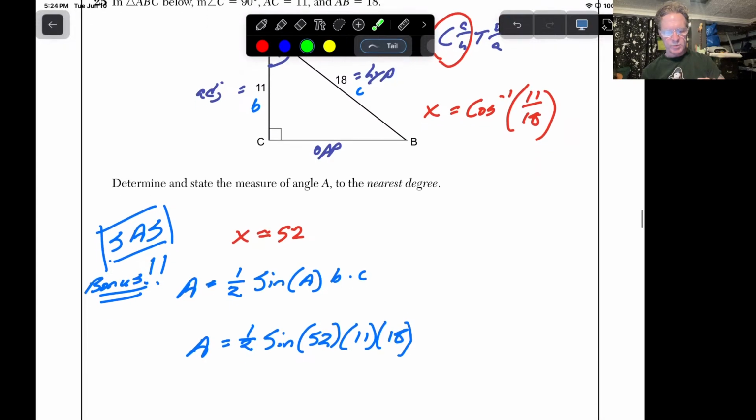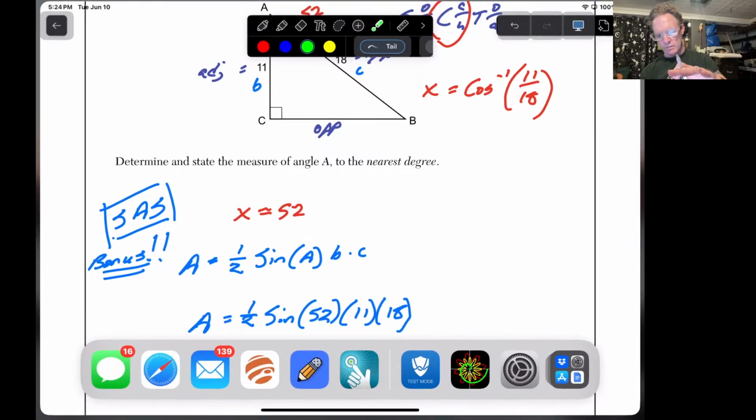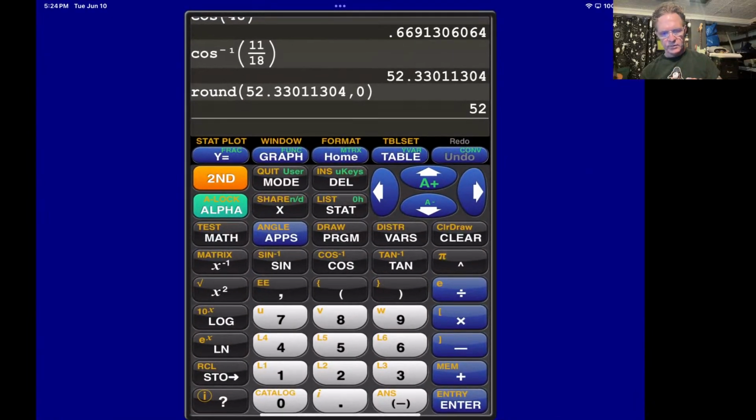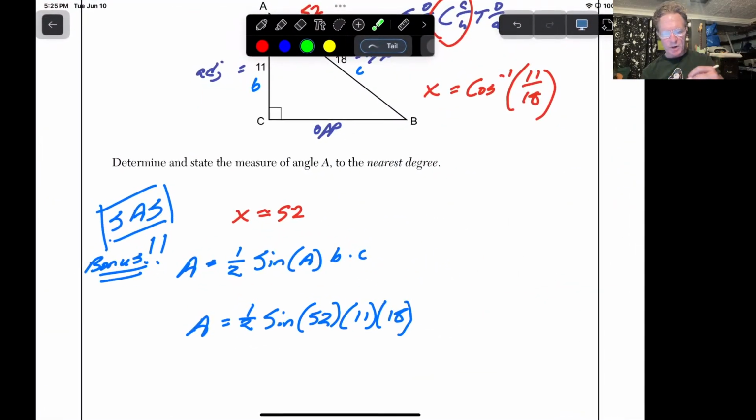But anyway, if you plug that into your calculator, sine of 52 times 11 times 18, all divided by 2. So the area of that thing would be 78. So again, that's not what the problem was asking us, but I wanted to throw that out there just in case you see it.